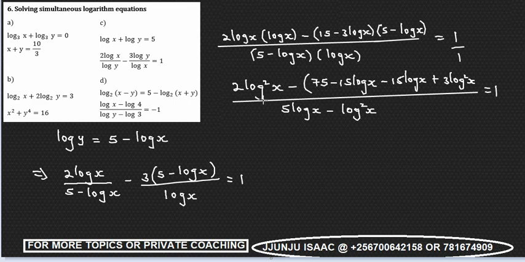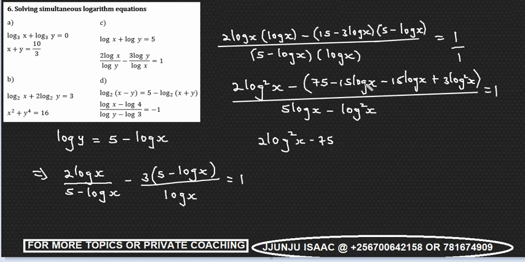Now let us see, inside the bracket, this is going to give us negative 30 log x, and now we have a plus, so let us write, this is going to be 2 log squared x, then minus 75.